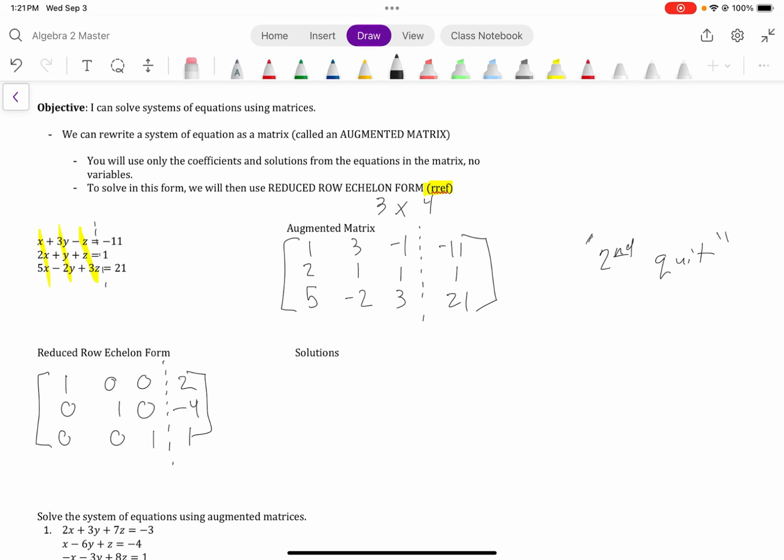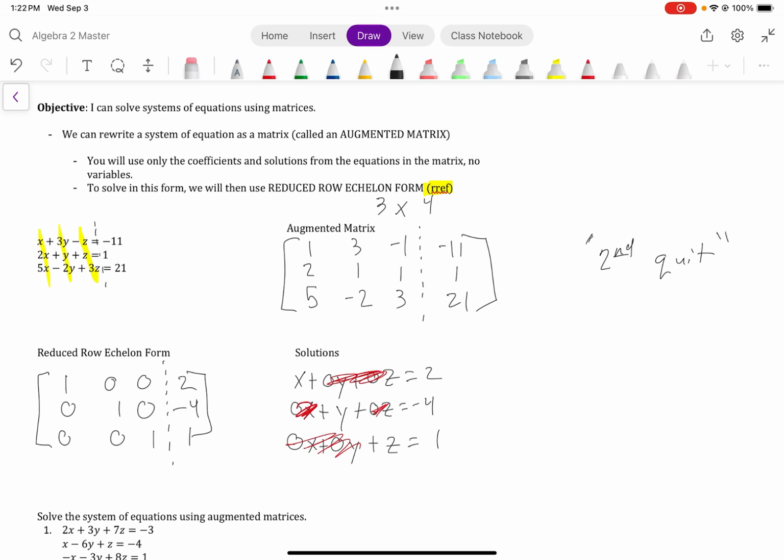What this tells me is that x plus 0y plus 0z equals 2. 0x plus y plus 0z equals -4. 0x plus 0y plus z equals 1. If you pick up what's happening, it's telling you exactly what those variables equal. So x is 2, y is -4, and z is 1.